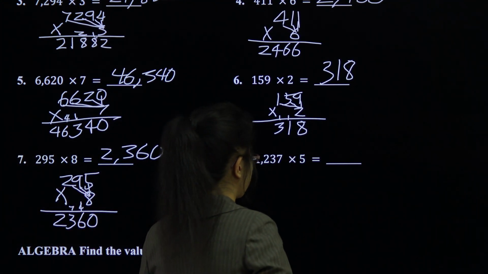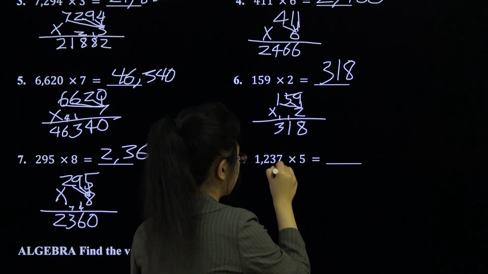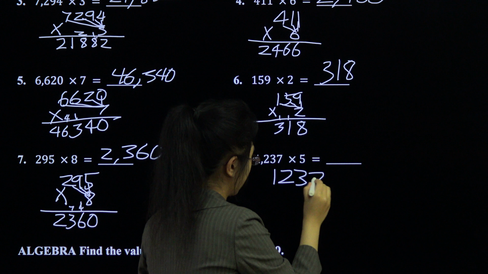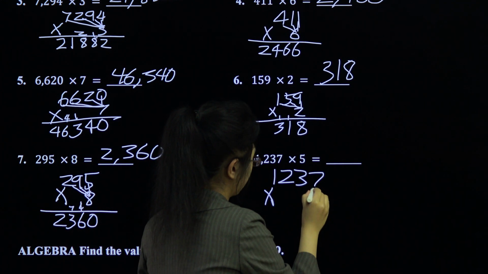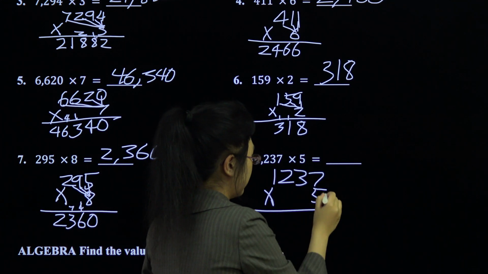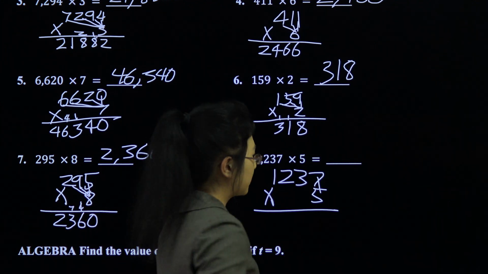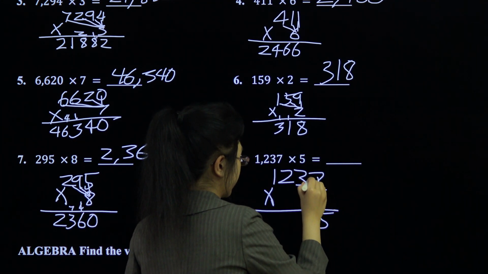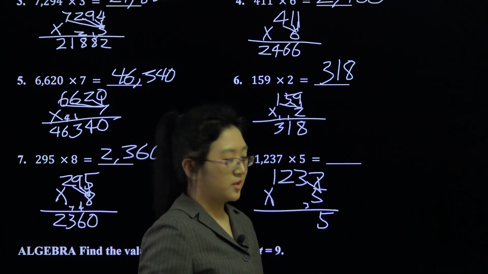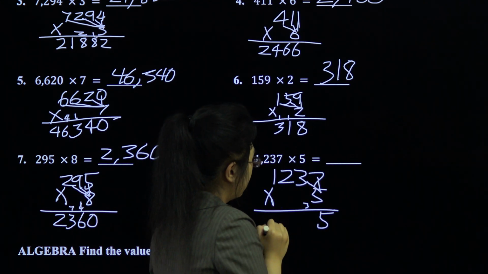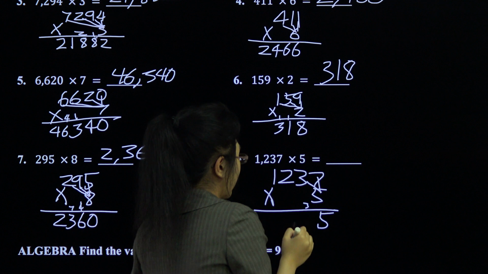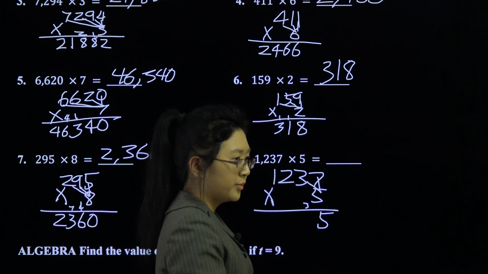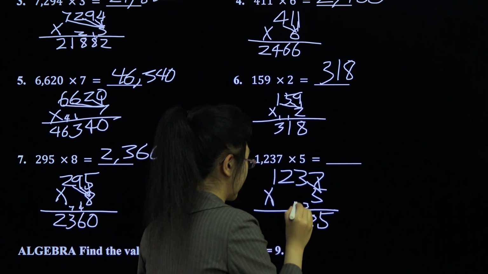For the last question of this exercise, we get 1,237 times 5. 5 times 7, ones place first, 35. You regroup. Tens place next. 5 times 3, 15. Plus 3 that we regrouped, 18. We regroup again.